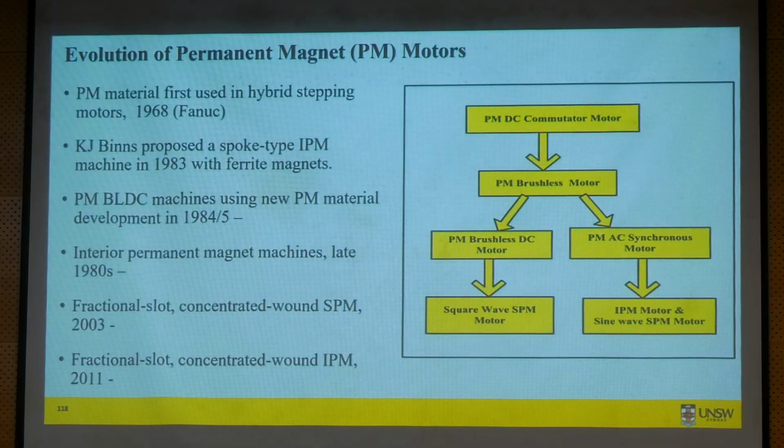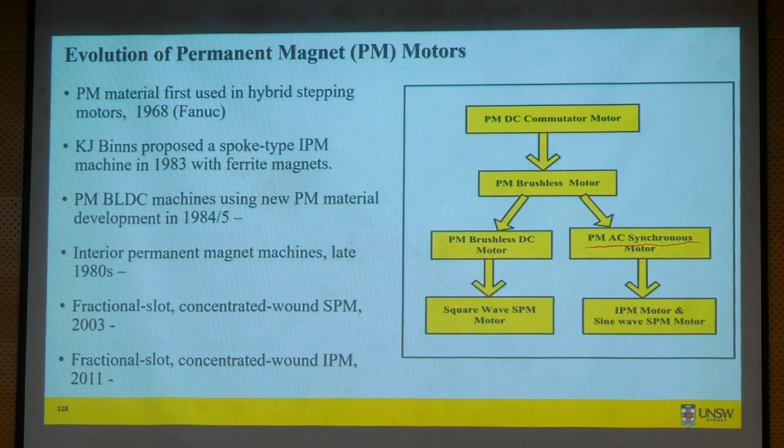Okay, and then based on how we control that PM brushless motor, in fact, we have the PM AC or PM synchronous motor. So construction wise, the PM brushless motor and the PM synchronous motor may look very, very similar. Especially the PM brushless motor is nothing but an SPM motor.